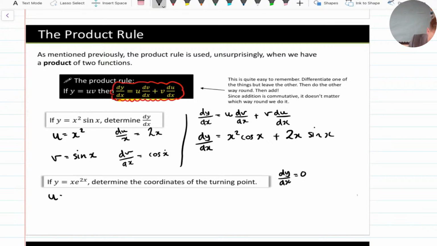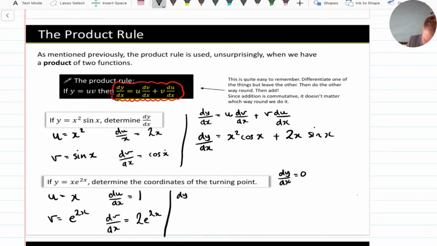So u is equal to x, v is equal to e to the 2x. If I differentiate u, du by dx is equal to 1. If I differentiate v, dv by dx, I'm going to use the chain rule: differentiate the e, then times by the differential of the 2x. So e differentiated is just e, times the differential of 2x, which is 2, giving 2e to the 2x, like so.